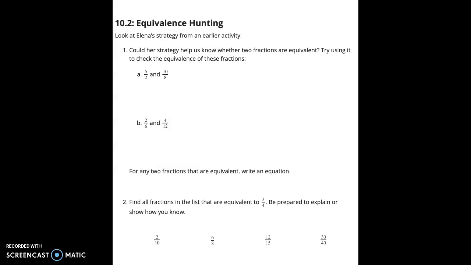So let me pull my pen. Okay, so 5/2. What would it take for us to get to 8? We're thinking about our multiples. How many counts would it take for me to get from 2 to 8? Well, I know one of my factors of 8 is 2. When I multiply 4 by 2, I get 8.